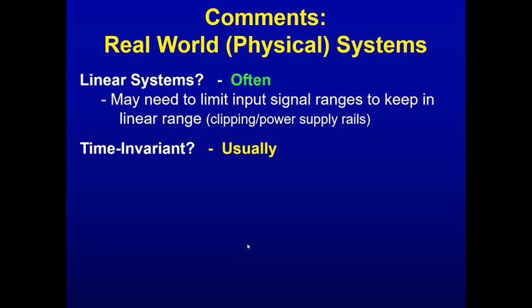Are things time invariant? Well, usually. Practically, there is no such thing as an analog, truly time invariant system. If we think about our circuits that we build in the lab, they behave mostly time invariantly because we're looking at them over a small snapshot of time.